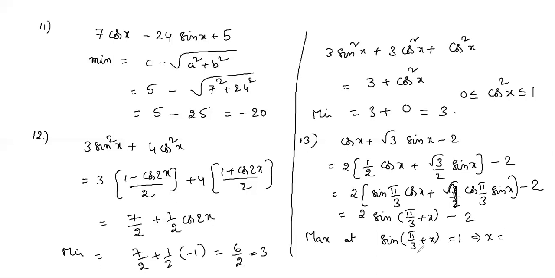Already we have 30, sorry, this one is pi by 6, and this is also pi by 6. So to get 90, you have to take x value as 60. At x equal to 60, this is sin of 30 plus 60, which is 90. So sin 90 has value 1. So at sin 90 value 1, we get the maximum value, that is, the answer 0.